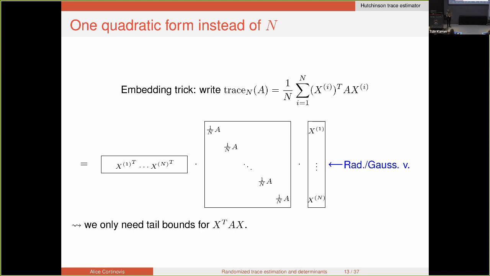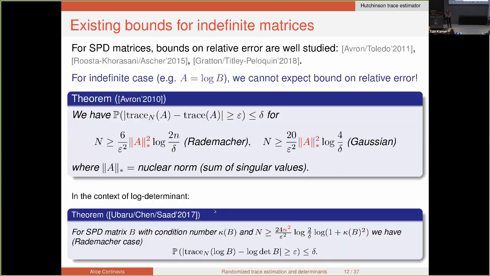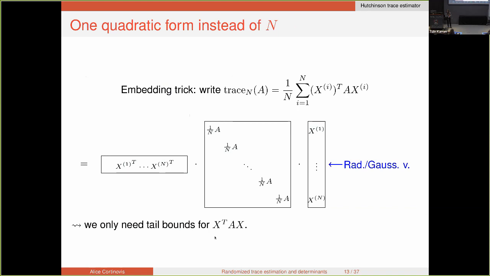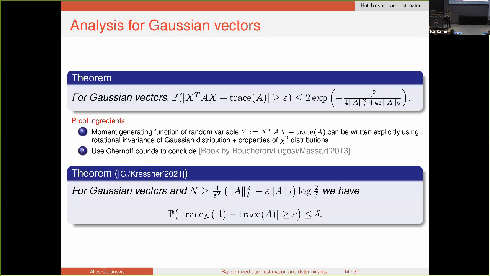Once we have tail bounds of this form for one quadratic form, then automatically we can get tail bounds for the Hutchinson trace estimator. So this is what happens for Gaussian vectors.